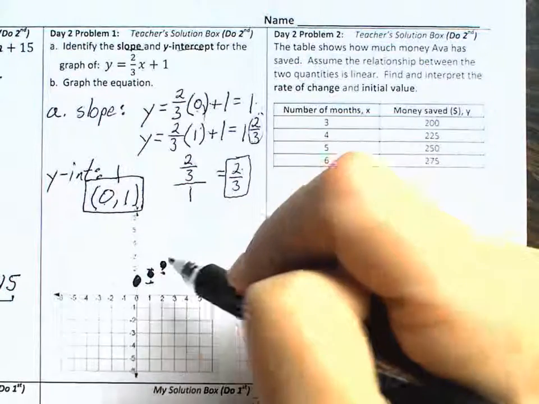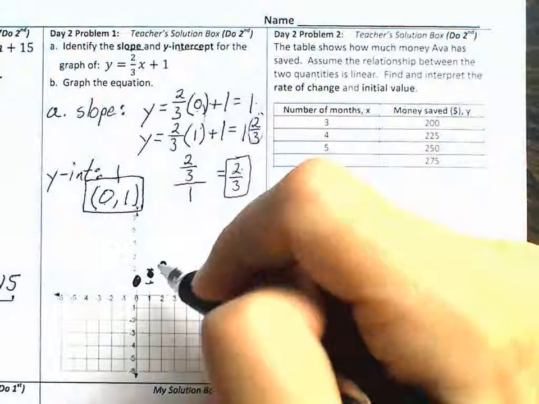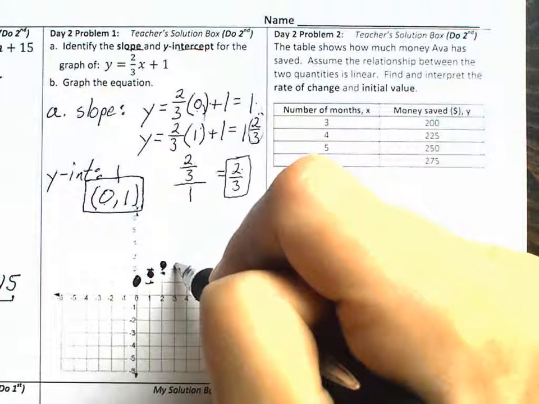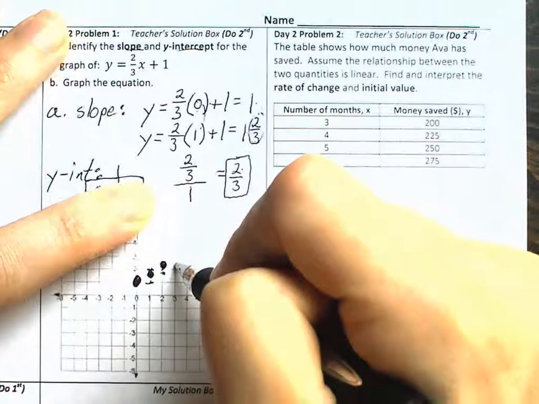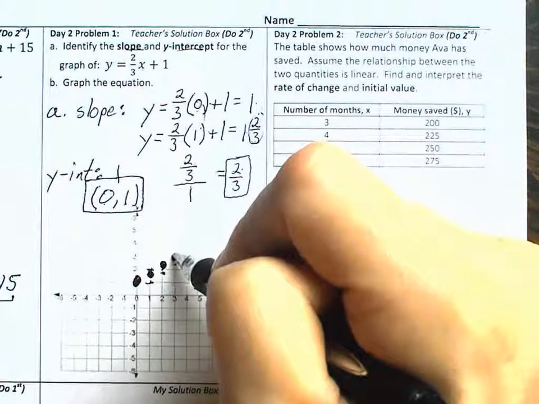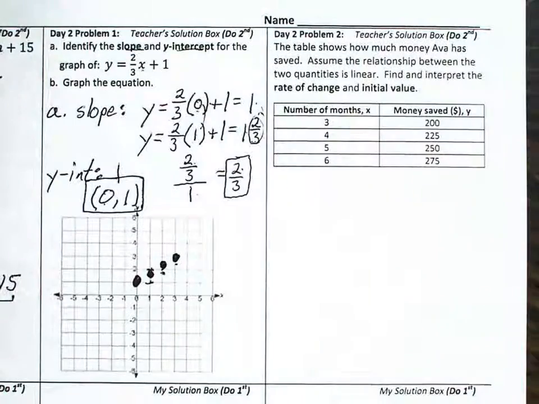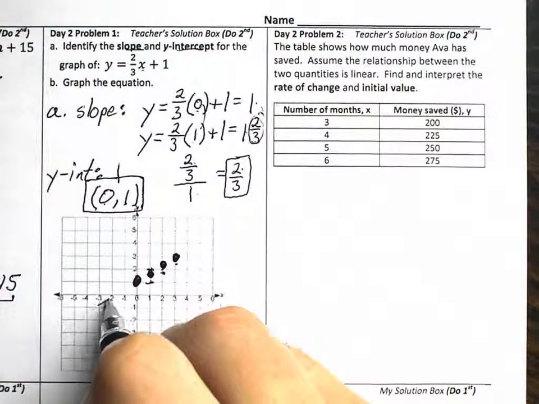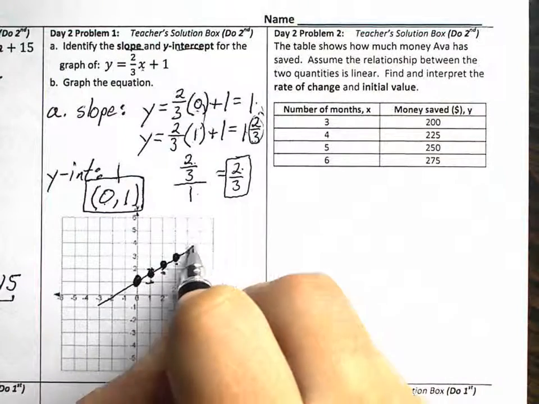So here's another dot on the line. We could find even one more dot. If we increase x by 1, hopping to here, and then go up 2/3, it takes me to here. And so here's another dot. And with all these dots on the line, that's certainly enough to draw a straight line through.